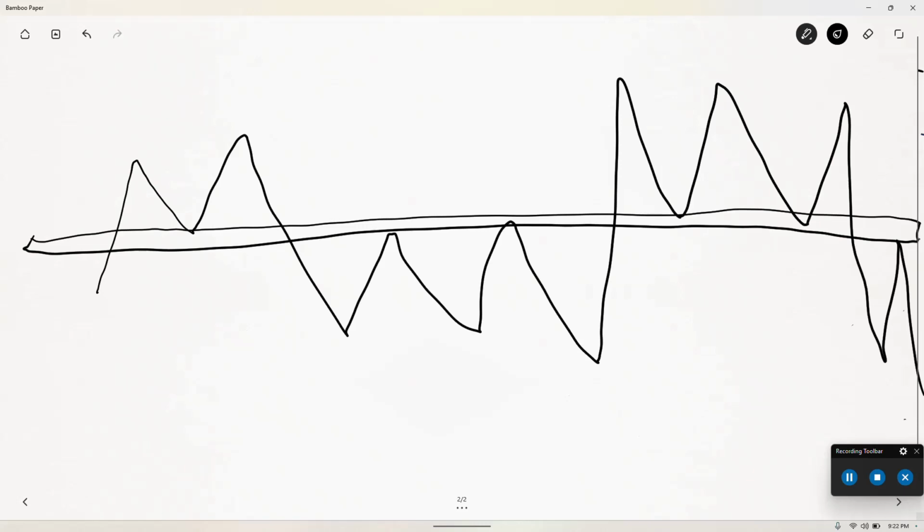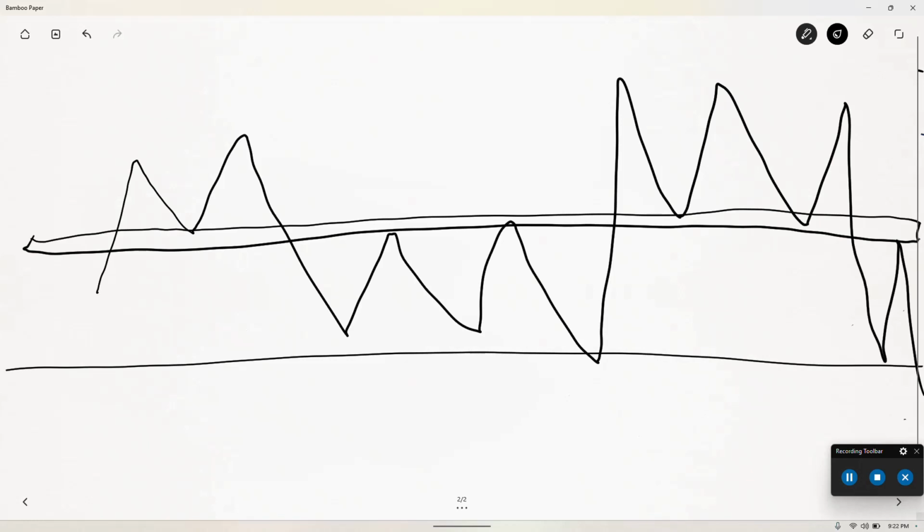Now, once the market is here, this place is a resistance. All right, and this place here is a support. So once market comes here, you watch out for what is really happening in the market. What is the price trying to do?